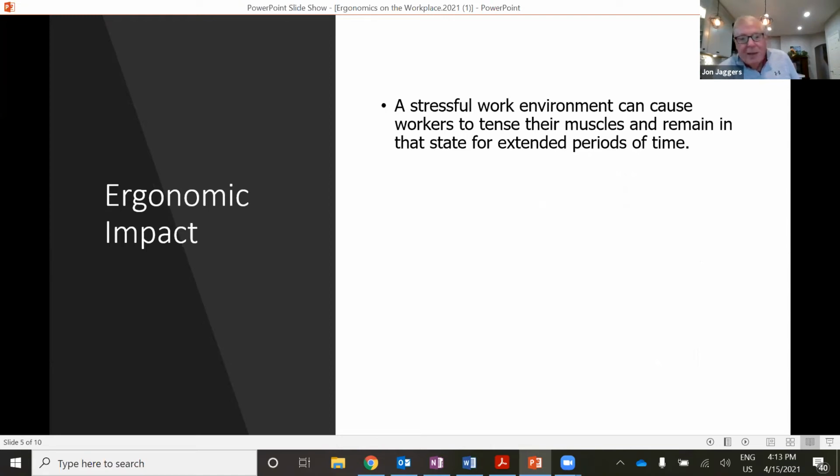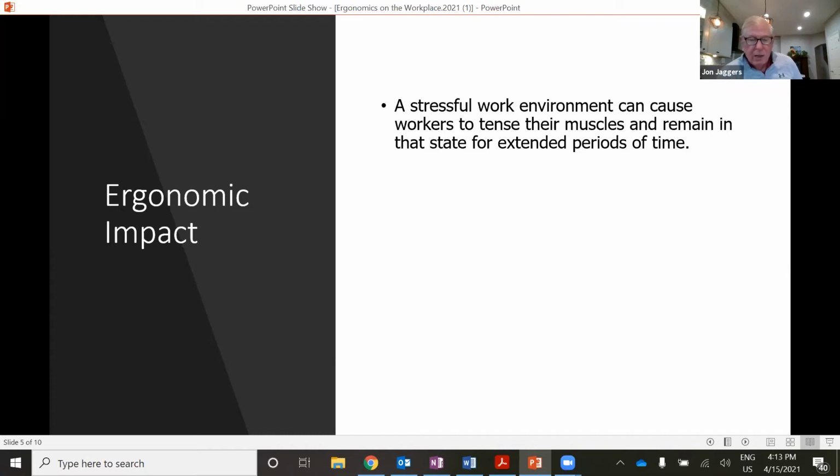I thought about this after I put it down. A stressful work environment can cause workers to tense muscles and remain in that state for extended periods of time. Well, guess what? Most of our work environments are stressful.